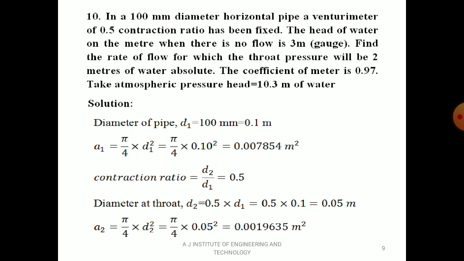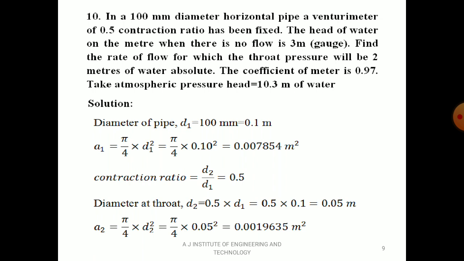So just add 10.3 to P1 divided by rho g, so that you get the value of P1 divided by rho g in absolute. So 3 plus 10.3 is equal to 13.3 meter of water. You have to remember here, because they have given the atmospheric pressure head, just add it to the gauge pressure so that you get the value in absolute pressure, absolute head.